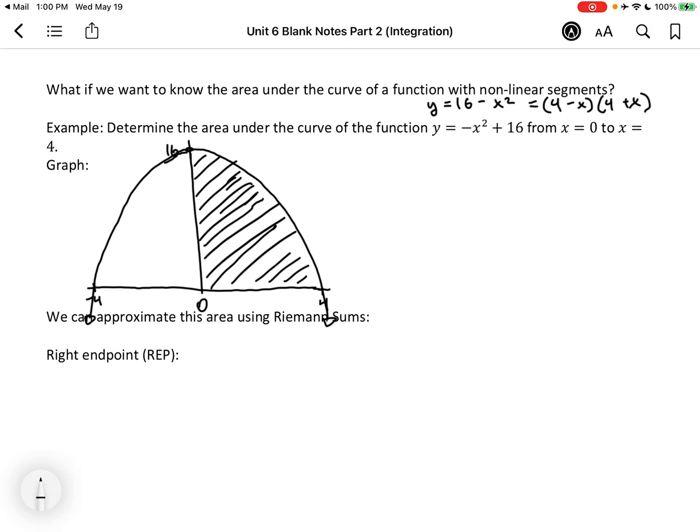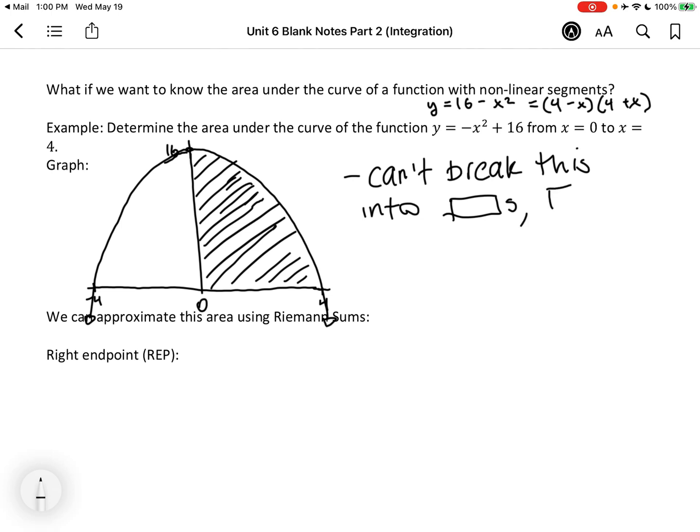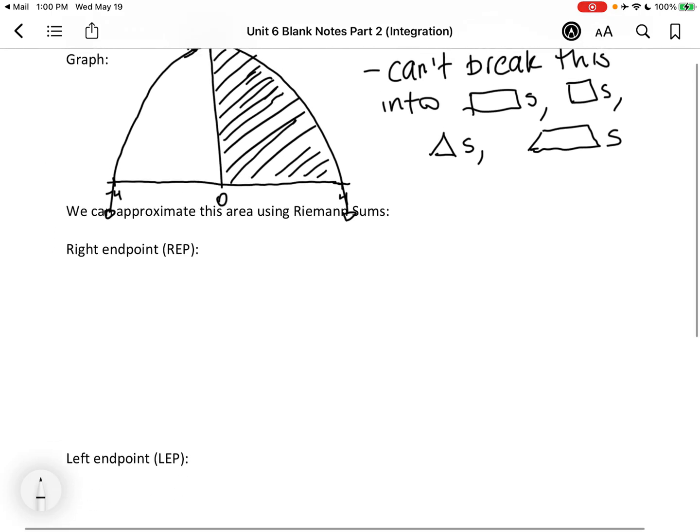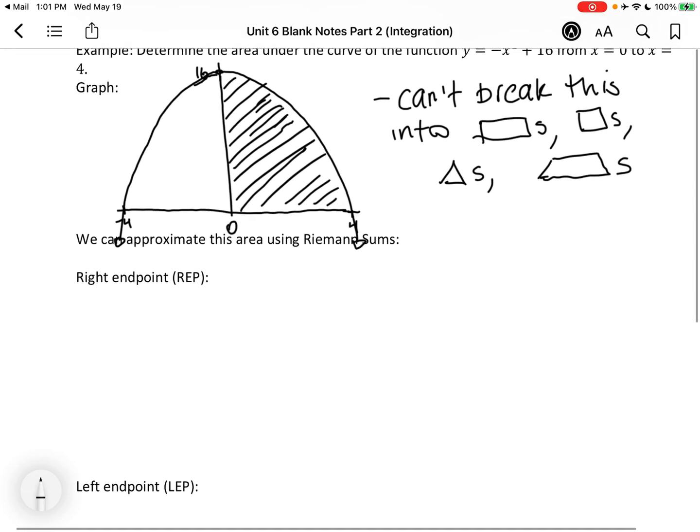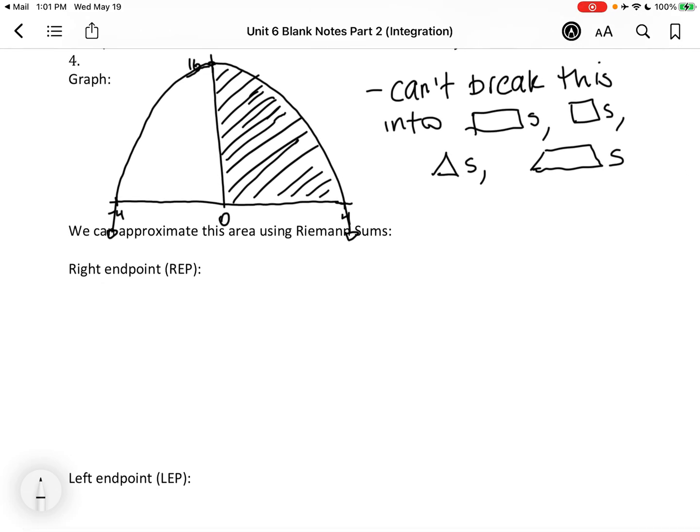So what we can do instead is approximate the area by breaking it down into rectangles, trapezoids, that sort of thing.